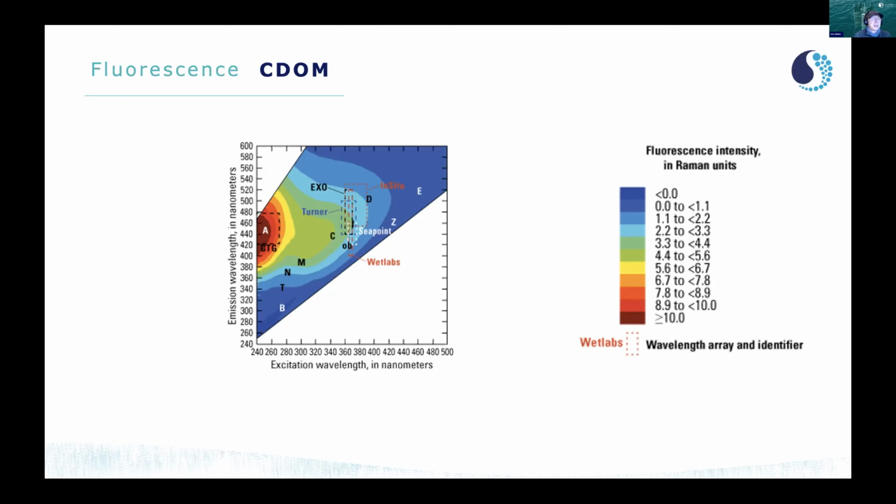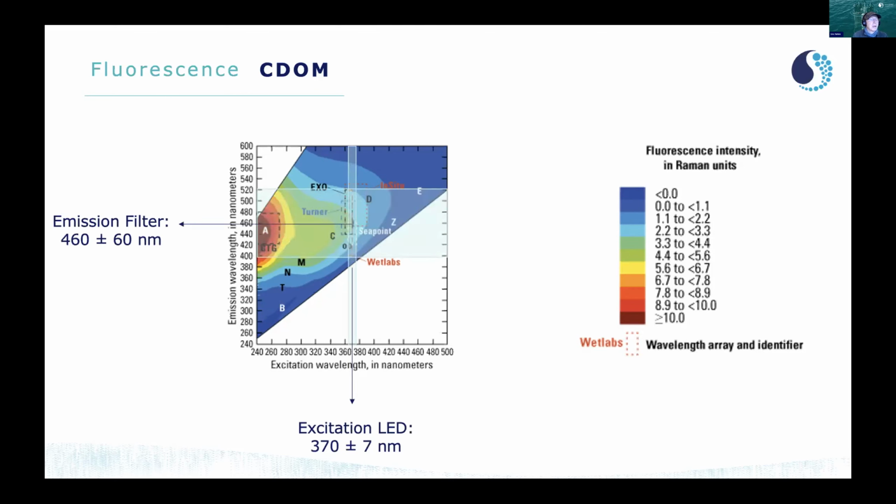The little boxes are showing what portion of that excitation emission relationship, somewhere around 360 excitation and 460 emission, that various vendors' fluorometers use, including our own under our former name WET Labs for the optical instruments.